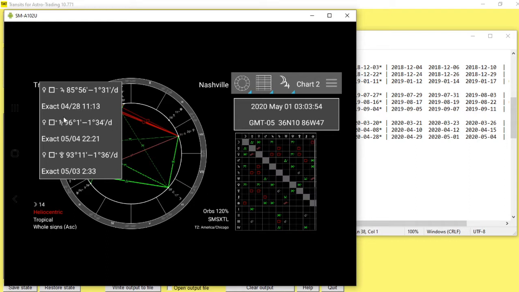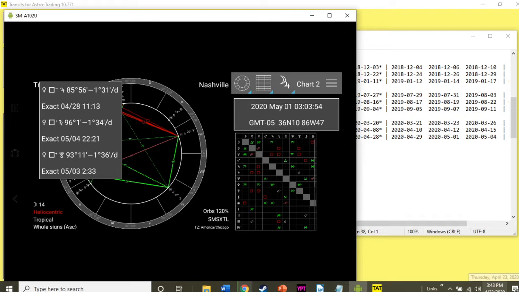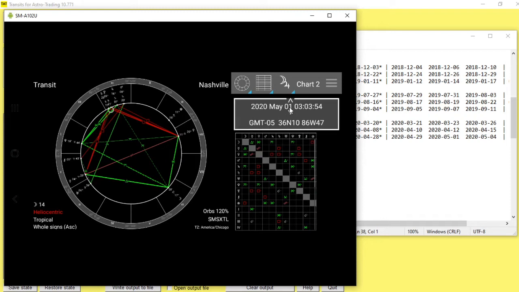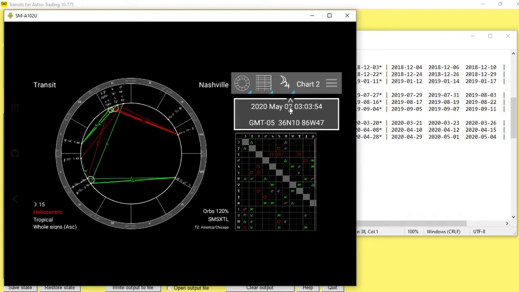So the pressure is going to go off, but I don't know if it's going to climb up very quickly, because it's still applying to Saturn, so there's going to be some extra caution around that. Am I still recording? Yep, I'm doing it. Okay, let's see, does that continue?